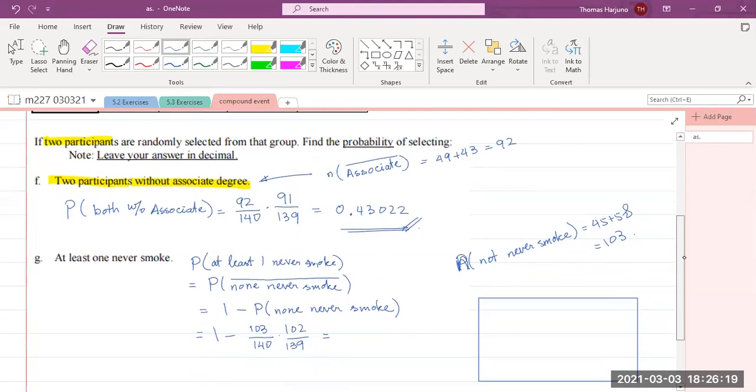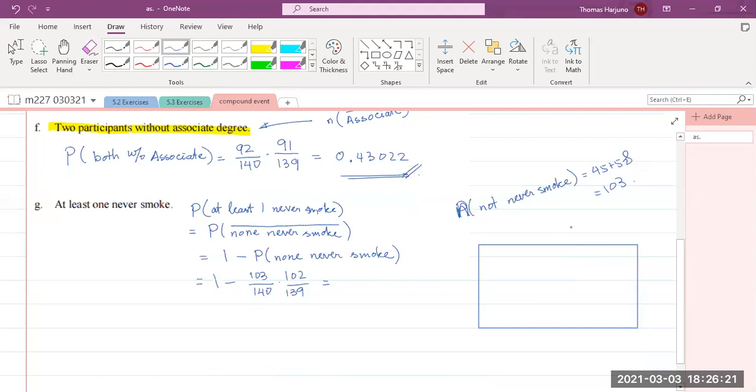So if we take a look, the possible outcomes of this is none of them never smoke, or one of them never smoke, because we have two people, or both of them never smoke.